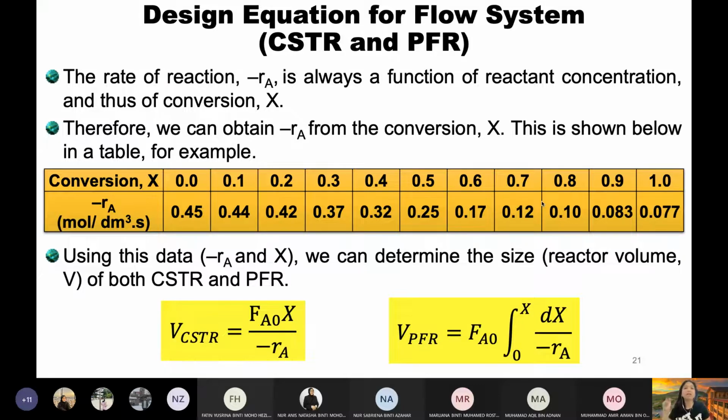Next, we learned how to determine the volume of the reactor, so you already started a very basic understanding of designing the reactor by determining the reactor volume, PFR and CSTR, when you are given a table of information. The table information will be conversion and minus rA, the rate of disappearance of A.